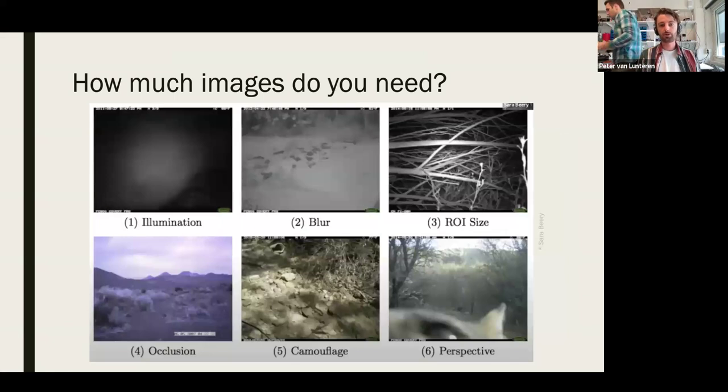With camera traps, you would generally get something like this. This slide is taken from a presentation of Sarah Berry, and she explains really well the difficulties in camera traps. By the way, all of these images have an animal in them. You would have difficulty with lighting, or maybe it's foggy and blurry.